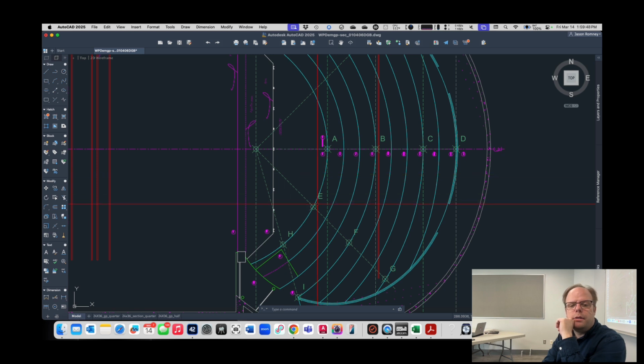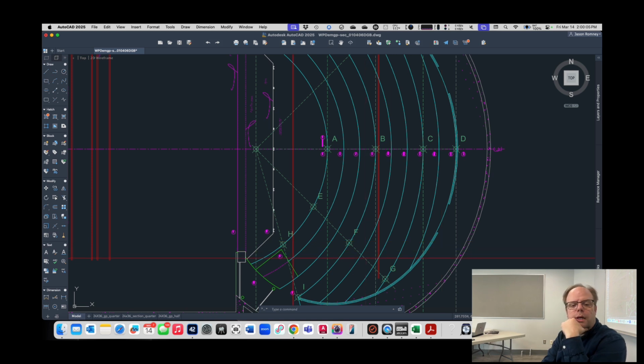Then I did an F, which is on that same row as B, and then a G on the same row as C. The D row doesn't go that far, so I don't need to worry about that.